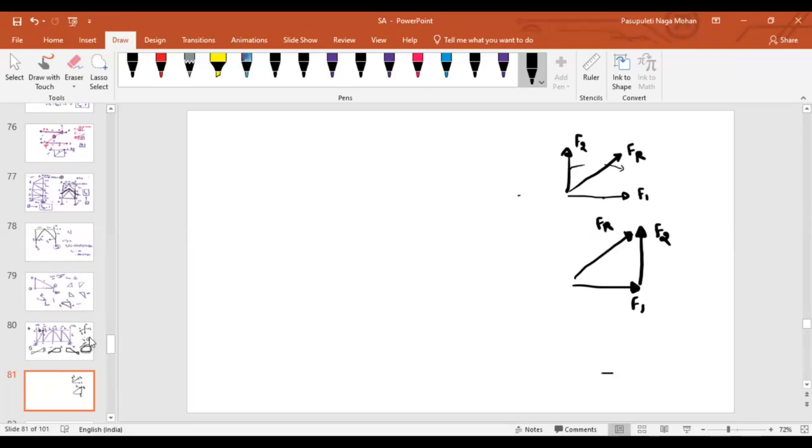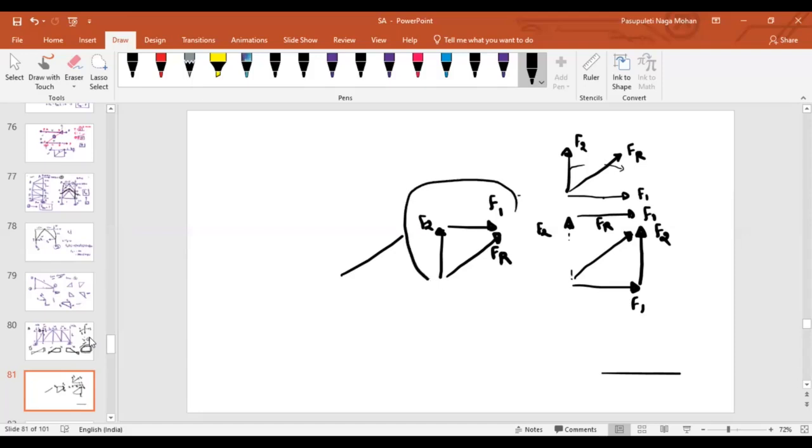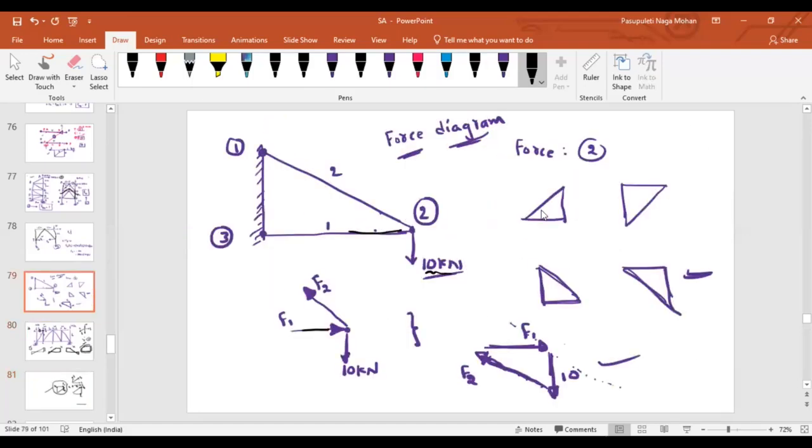In this case also I can represent, even a force like this, F2, and a force like this, F1, then F1, F2, and then the resultant force. We just have to represent them in a cyclic loop. That's it. That's what we have done in this case.